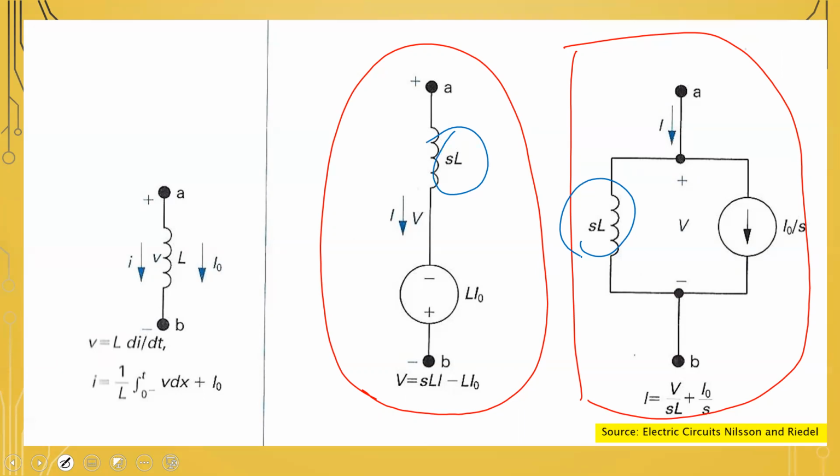And for the inductor, in the time domain, it's L. In the frequency domain, it's sL. All right, do we have this?